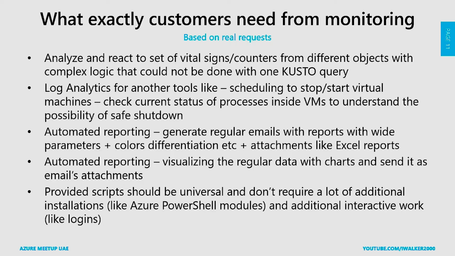And this one is a typical request from the customers. For example, why we are using it: analyze and react to the set of vital signs and counters from different objects with a lot of different complex logic. Please check this one. In case these two parameters are compatible, do the next query.